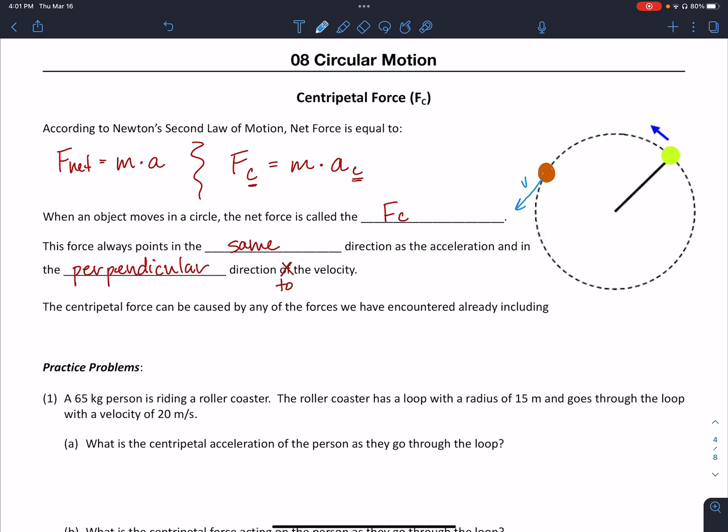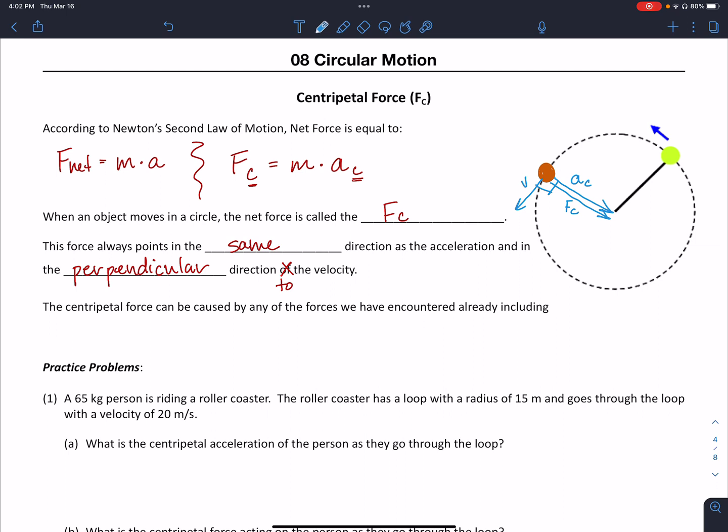But just like we saw with our acceleration, the acceleration and the force both will point towards the center of our circle, which makes them both perpendicular to that velocity value. So centripetal acceleration or force, both center seeking, both are going to point towards the center of the circle.